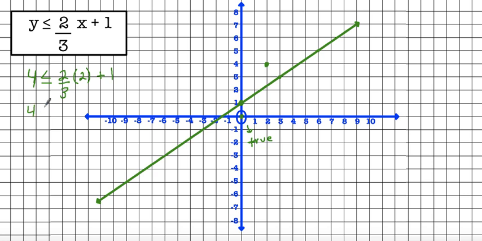So 4 is less than or equal to 2/3 times 2, which is 4/3, plus 1. So 4/3 is the same thing as 1 1/3 plus 1. So 4 is less than or equal to 2 1/3. So this is not true because 4 is not less than 2 1/3, and it's definitely not equal to it. So this point is not true.